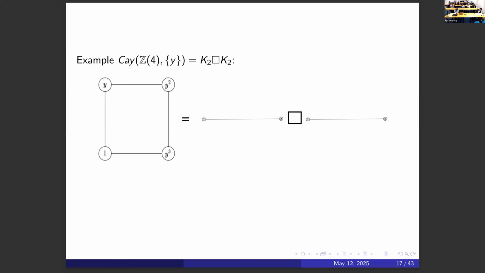And because there's an edge between the two, you're going to have an edge between those two, which is why we end up getting the Cayley graph of Z4 on one generator as being the direct product of K2 times K2.